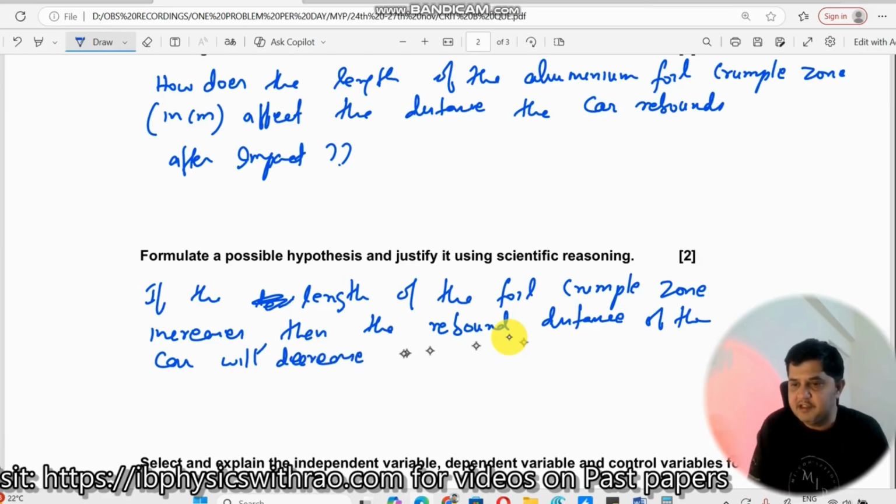Now, if you write only this much, you will get only 1 mark. So what do you need? You need to explain it also. You need to justify it using scientific reasoning.